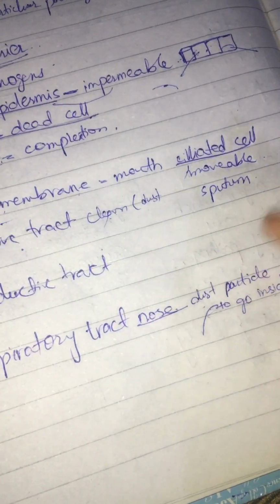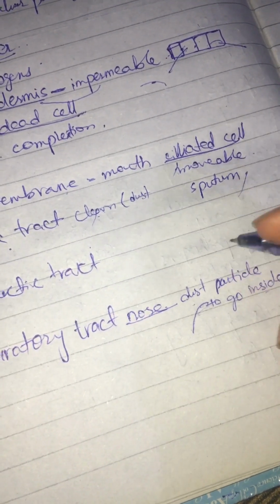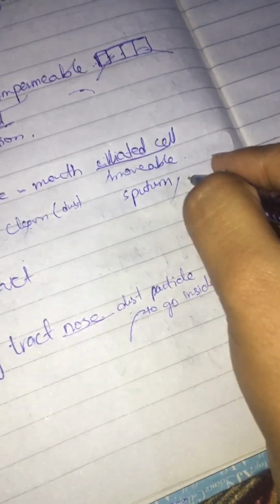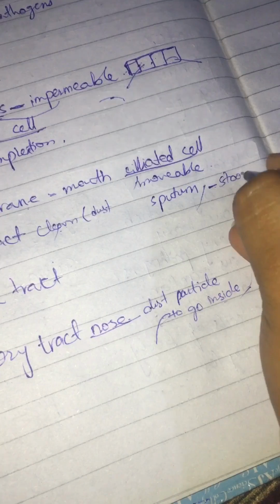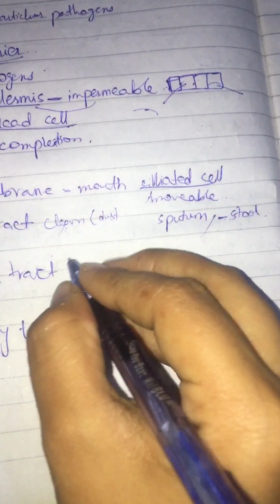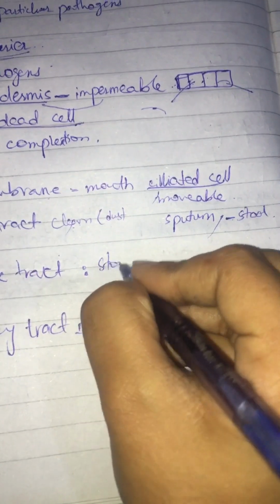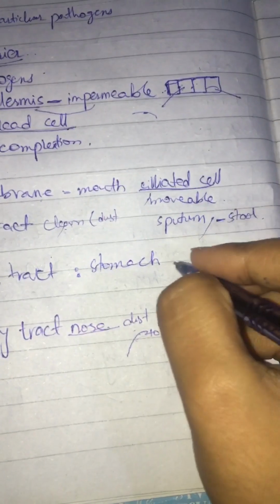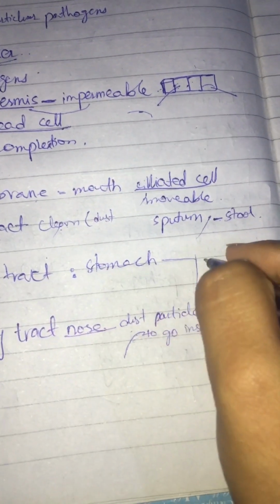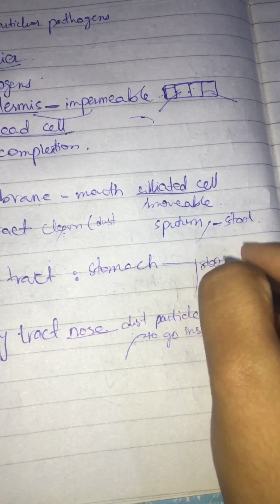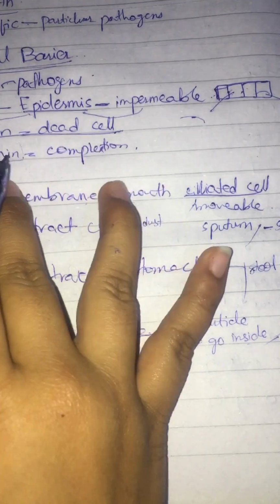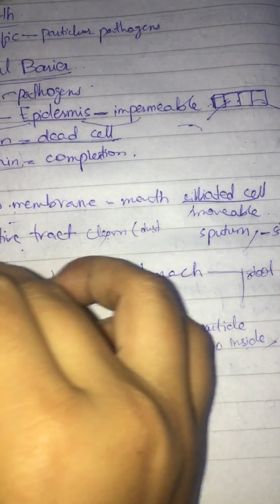Some people swallow this again, so it passes out of the body through stool, moving through the stomach. So these three are the regions handled by the mucous membrane.